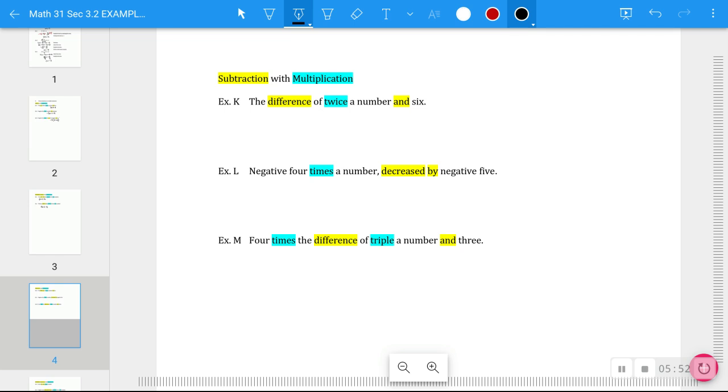Okay, here is subtraction, and the two that I'm going over here in yellow are difference and decreased by. They're both subtraction. The difference of twice the number, that means 2 times x, and 6. Okay, negative 4 times a number. Let me write that. Decreased by negative 5.